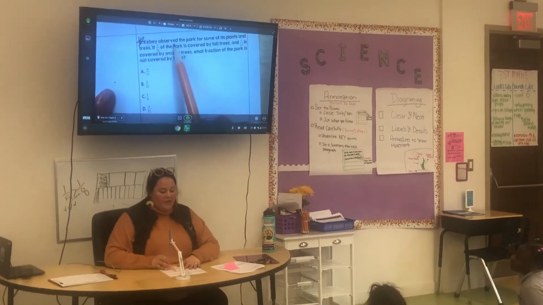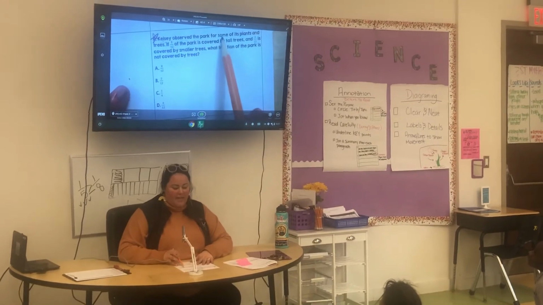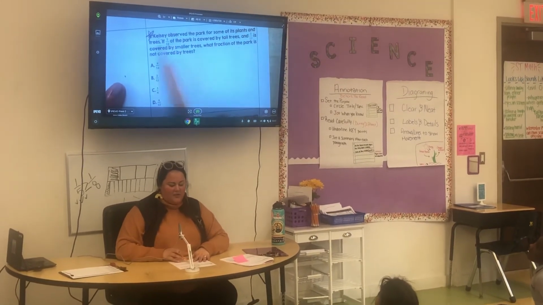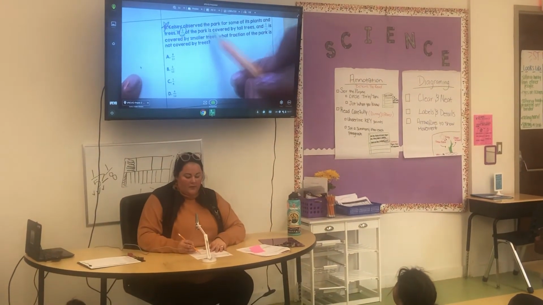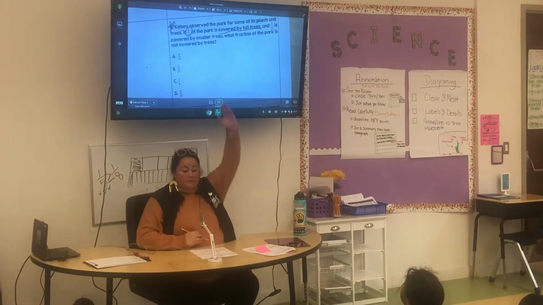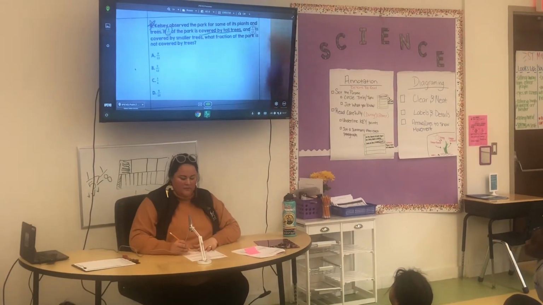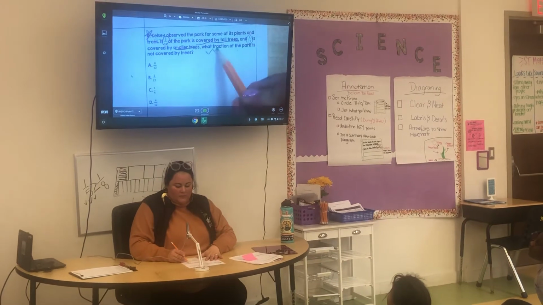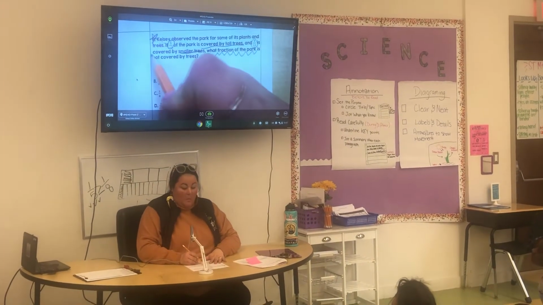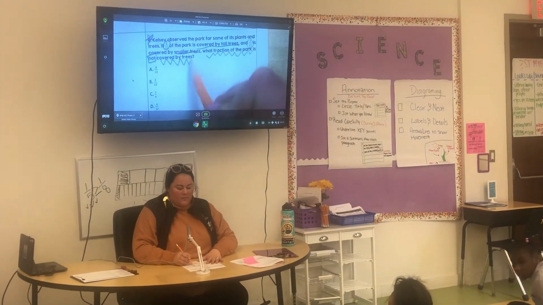Kelsey observed the park for some of its plants and trees. If 5/12 of the park is covered by tall trees and 3/12 is covered by smaller trees, what fraction of the park is not covered by trees?